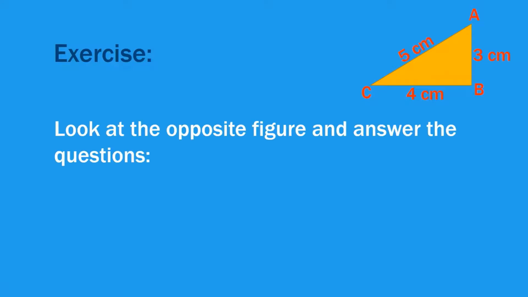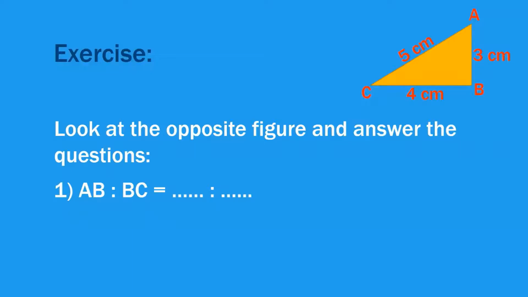So let's see an exercise. We have a triangle ABC where the length of AB equals 3 centimeters and the length of BC equals 4 centimeters and the length of CA equals 5 centimeters. So look at the opposite figure and answer the questions. Number 1, ratio of AB to BC.